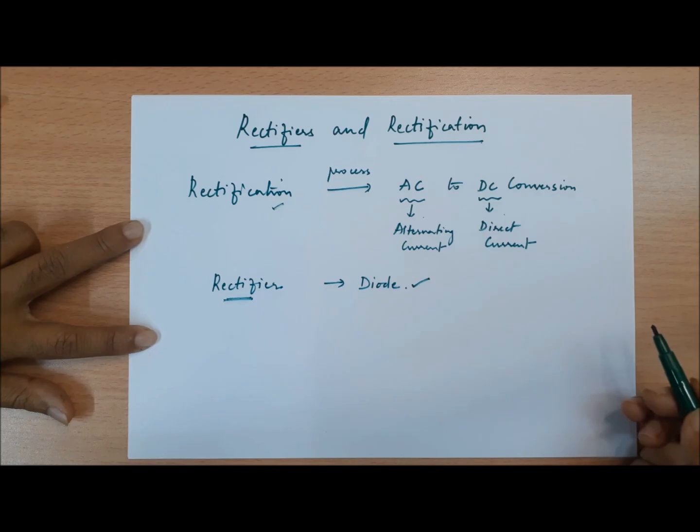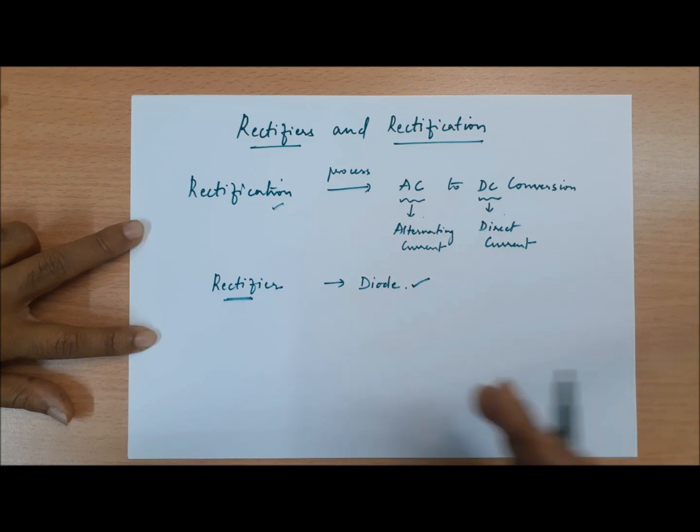Now we also say that rectification is a process wherein the current flow is allowed in a diode in only a single direction, whereas in the opposite direction the flow of current is blocked by the diode. So how does that happen?